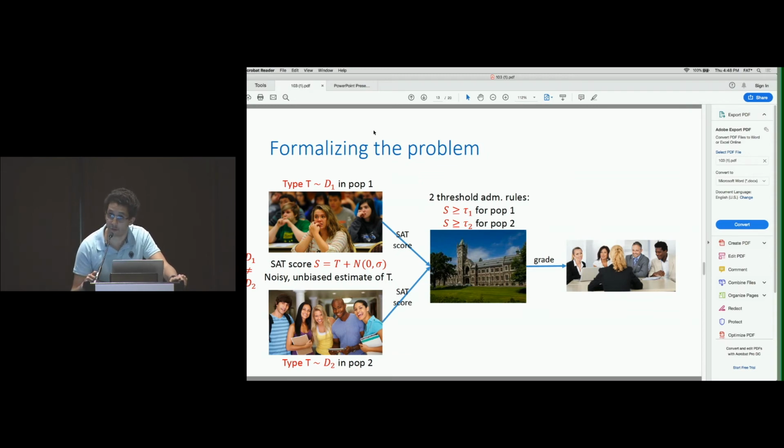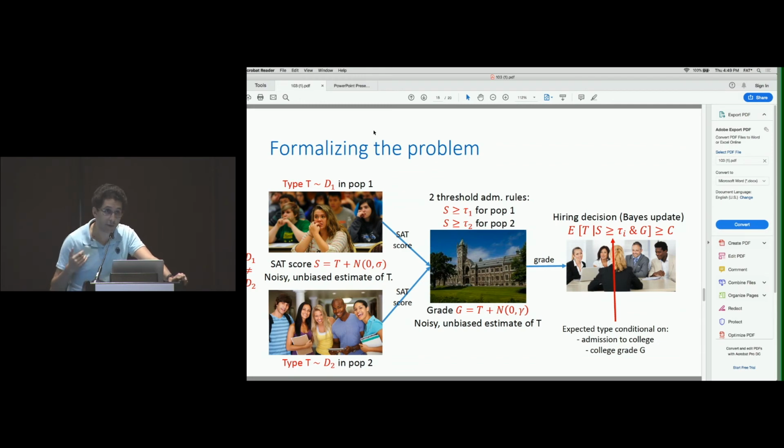The college is going to use threshold admission rules, so basically going to admit students if their SAT score is high enough, and we're going to allow the college to use two different thresholds for the two different populations. Then the grade, as the SAT score, is going to be an unbiased but noisy estimate of the type.